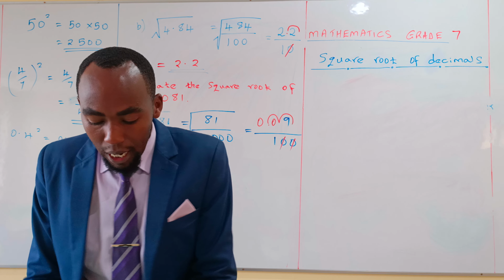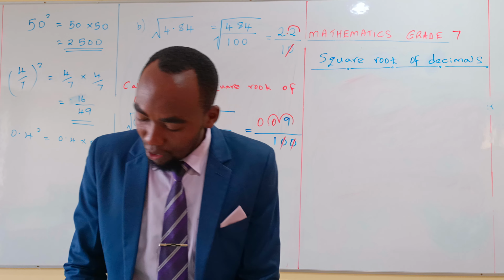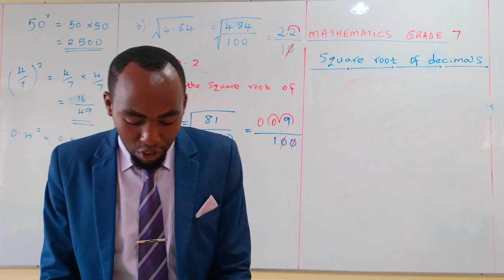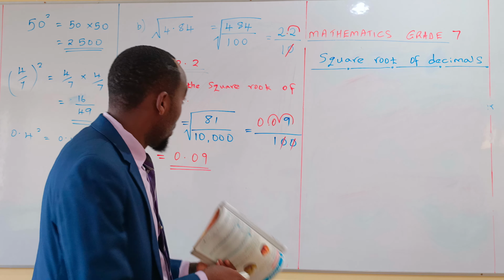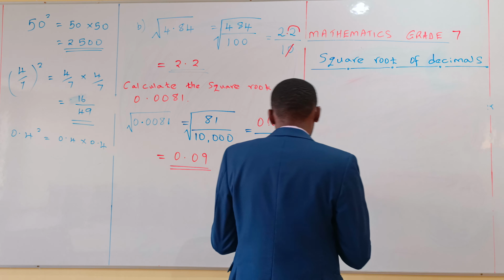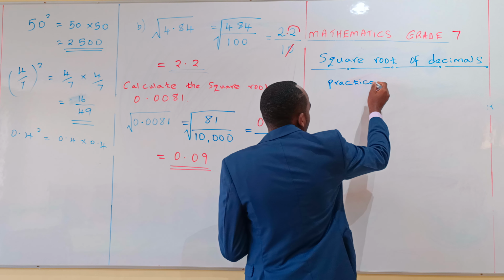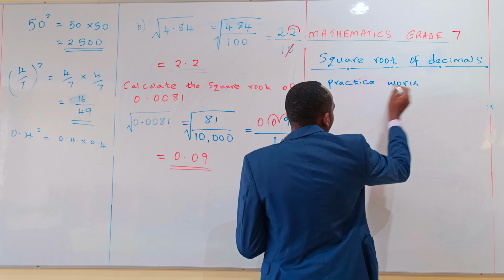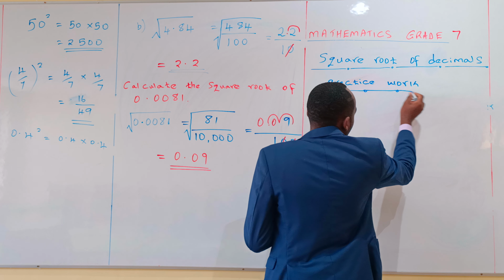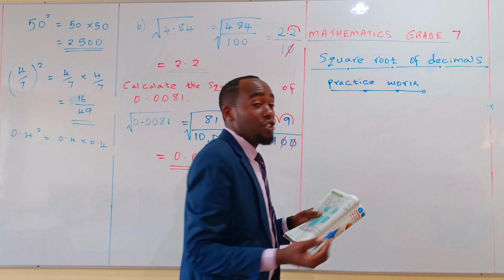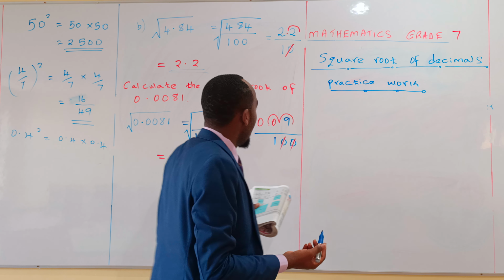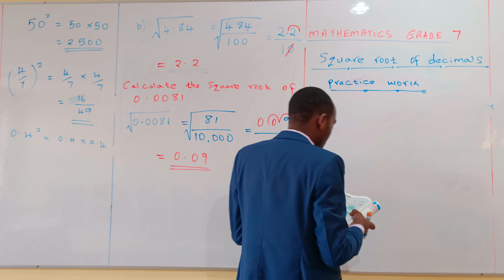Therefore, allow me to leave some practice questions so that you can try this back at home. Are we together? Yeah, very nice. Let me give you some practice work. You can try this at home. And immediately you're done, you can comment and tell me what you have learned.